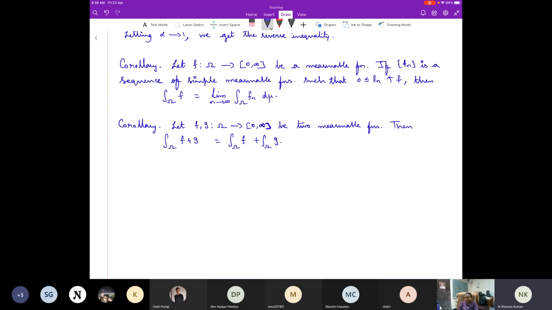How do you show this? If fn converges to f and gn converges to g, fn plus gn will converge to f plus g, and therefore this inequality holds.